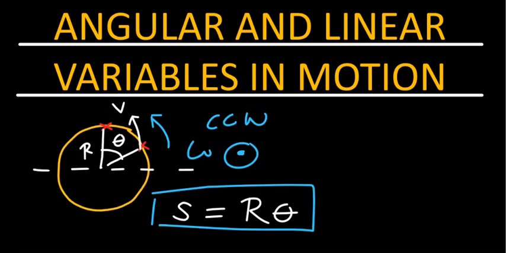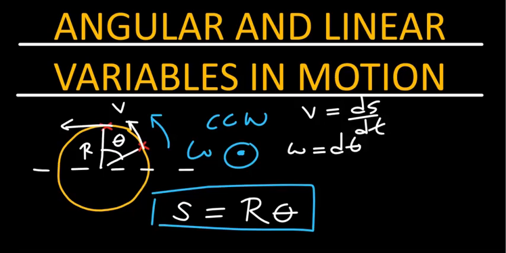The direction of v is tangential to the rim at any point, like that. From our previous videos on motion, we know that v is quite simply ds/dt, and omega is d theta/dt, the rate of change of that angular distance with respect to time.